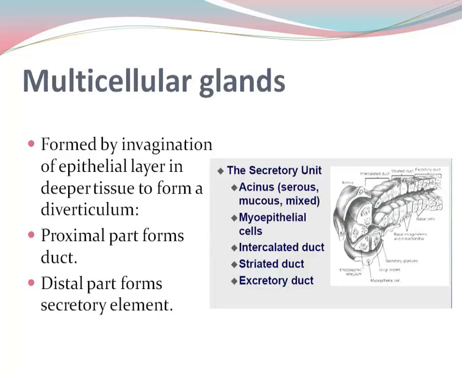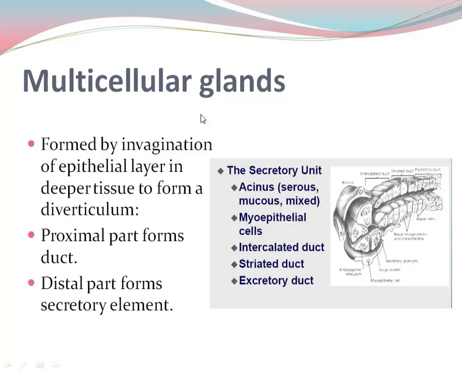Now in multicellular glands, many secretory epithelial cells pour their secretion in a cavity, and there is a duct of epithelial cells which are also secretory in function. They form a duct, and that secretion is collectively collected and poured outside. So many secretory cells work as a gland here.